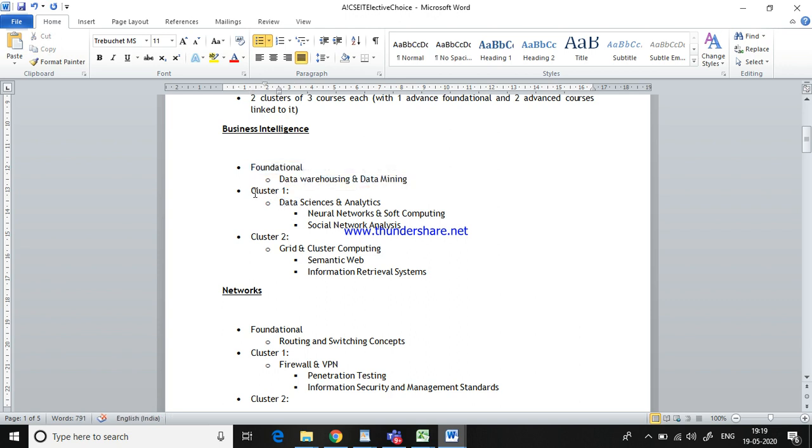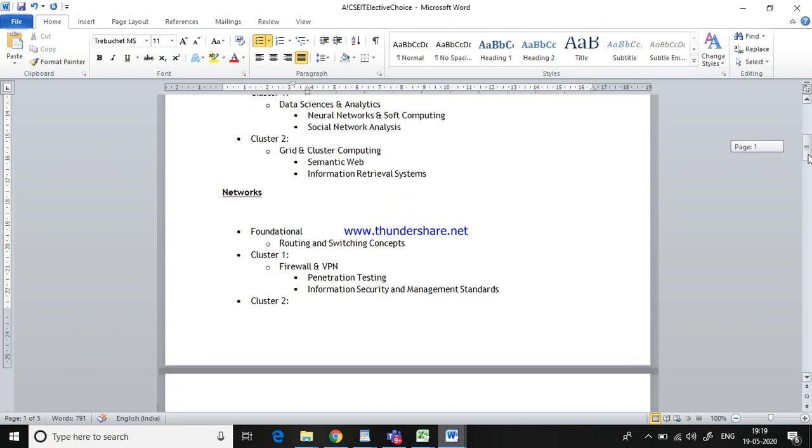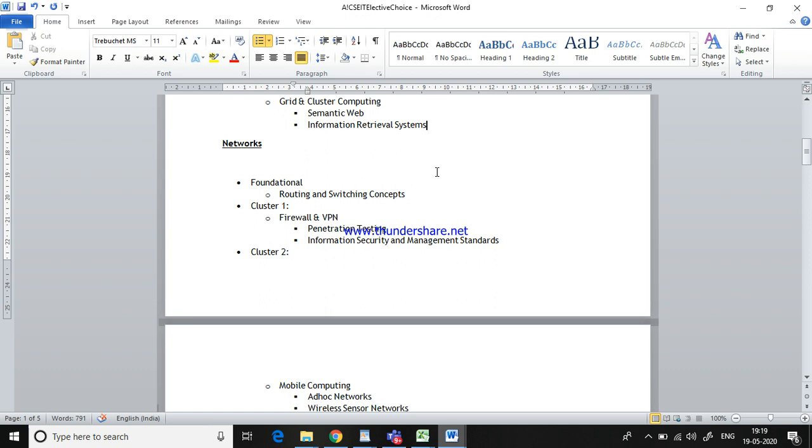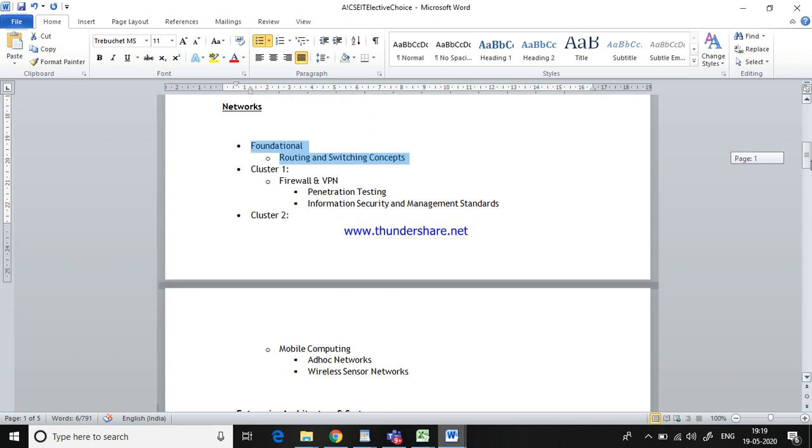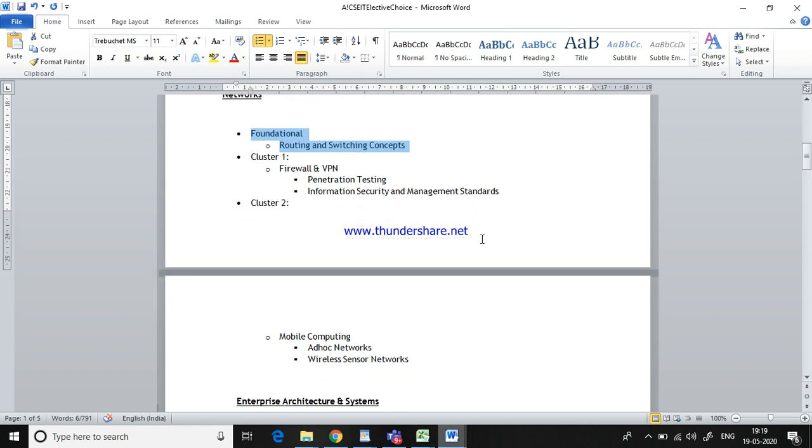He may choose either cluster 1, which contains 3 subjects, or he may choose cluster 2, which contains 3 subjects. Similarly, if a student chooses networks group, then he has to choose one foundation course for the group, and then he can choose this cluster 1 or the cluster 2 having 3 subjects.